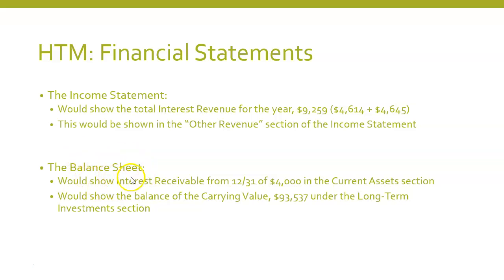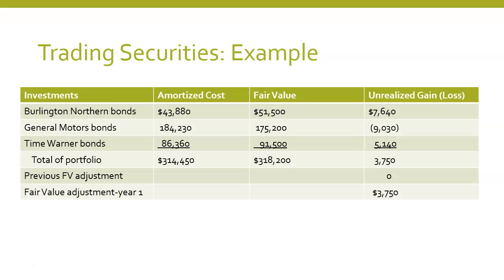Okay, on the balance sheet, we would show interest receivable from December 31st of that $4,000 in the current asset section, and we would show the balance of the carrying value, which was 93,537, under the long-term investment section. So let's go back and see where we got that.